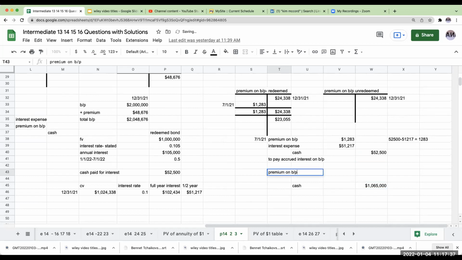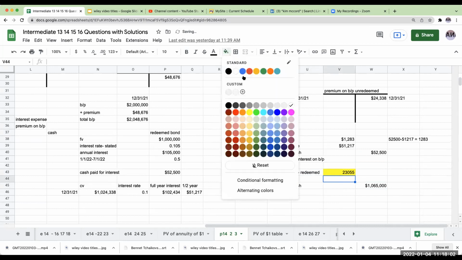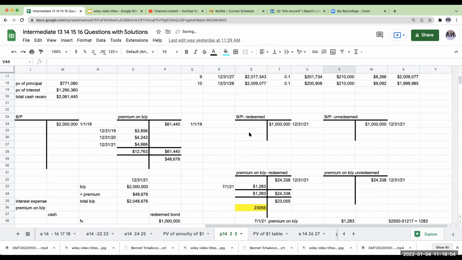Premium on bond payable redeemed, and this is going to be for $23,055. And then over here, I'm also going to have to do bond payable. The bond payable also has to come off of the books because I'm redeeming it. It's no longer a liability.